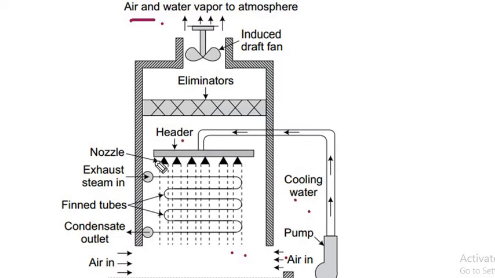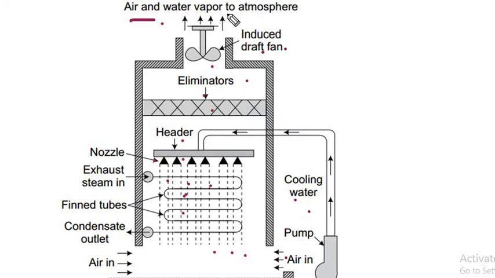When you spray it through the nozzle, it is sprayed over the thin tubes, and when air mixes with the cold water, the thin tube exchanges the heat with the water and air. The eliminator eliminates the water and steam from this air, and the induced draft fan is installed over here.